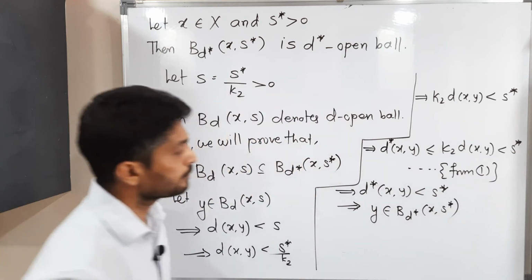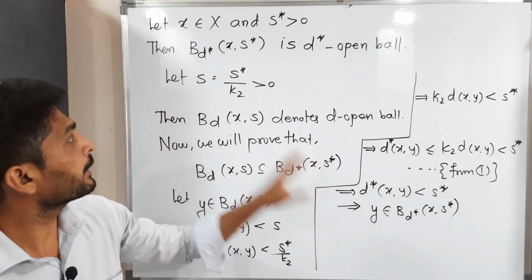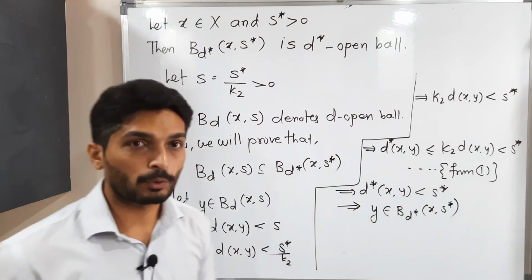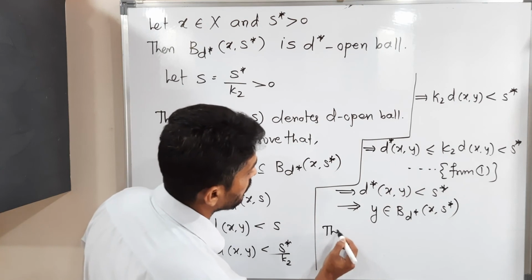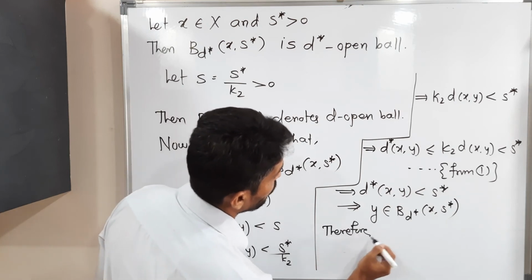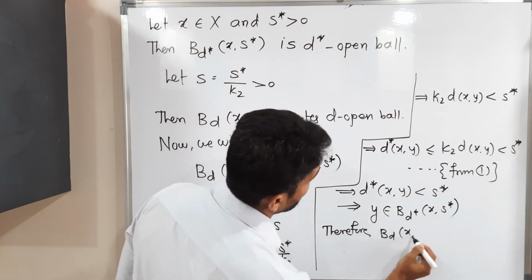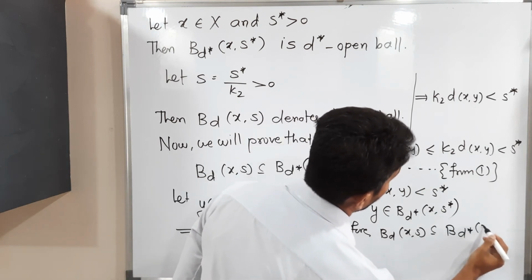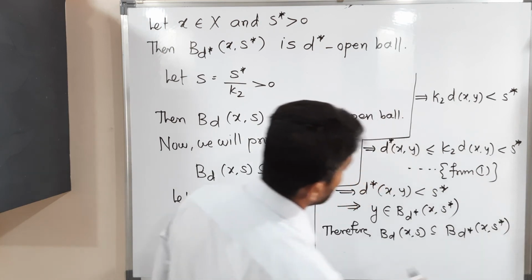So basically we took an element y from the d open ball and proved that it is in the d* open ball. Therefore the d open ball is a subset of the d* open ball.